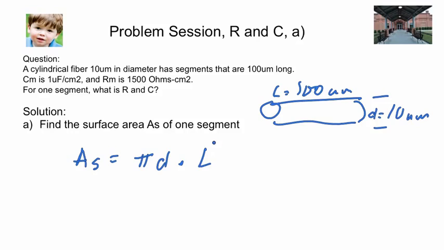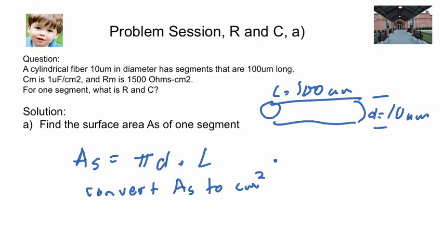If one substitutes in those numbers, then one gets a numerical answer, and you have to be careful because our other values are in per centimeter squared, so we need to convert AS to centimeter squared.